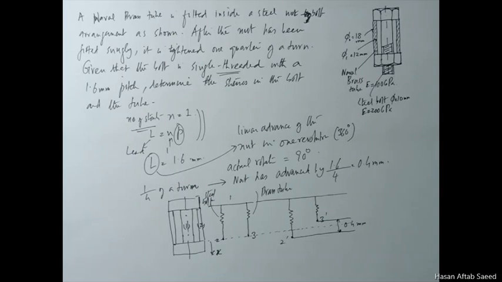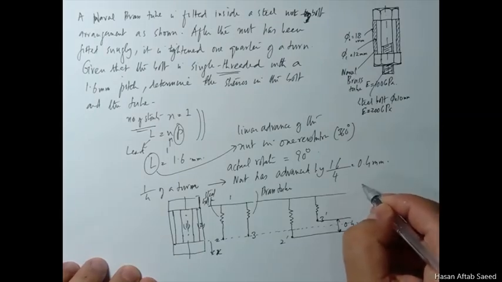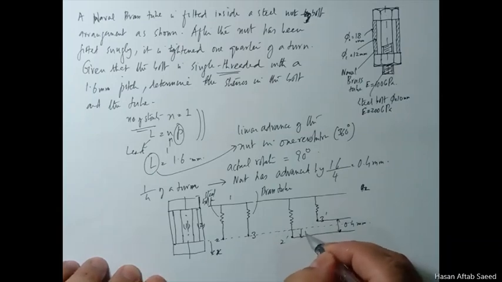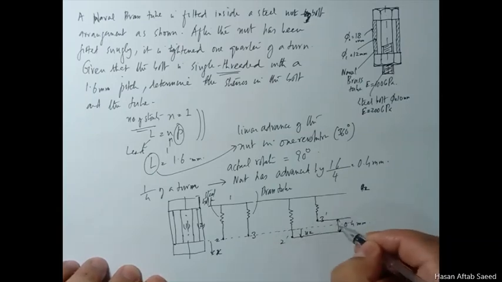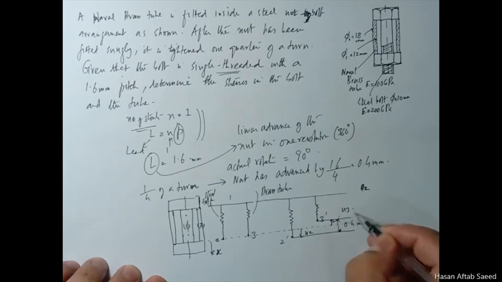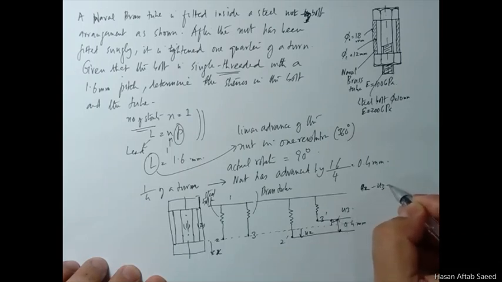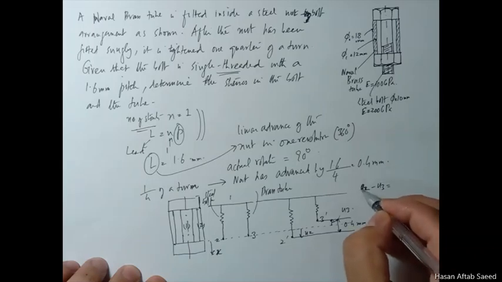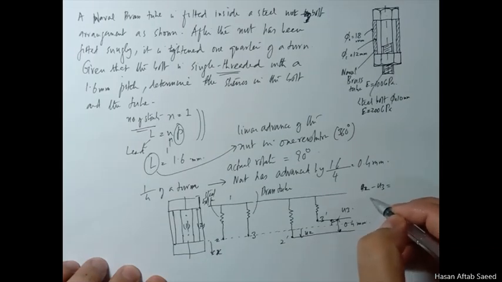We don't know what u2 is, we don't know what u3 is, but we know their combination. And the combination, if I write it here, is nothing but u2 and this is u3 minus u3. I'll write minus because u3 is in the opposite direction to the positive x-axis. So if u2 is positive, then u3 is negative. u2 minus u3 is equal to 0.4.